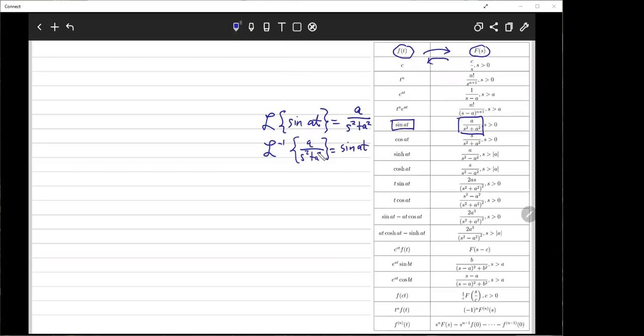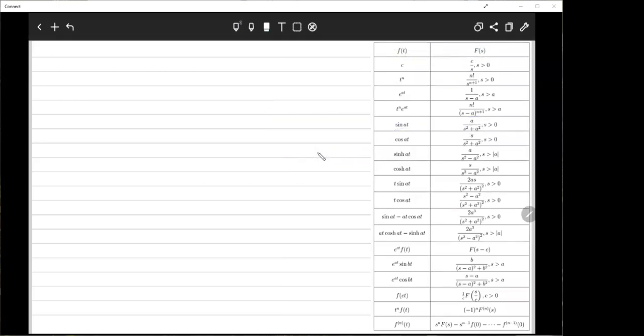Okay. So, how do we use the Laplace transform for solving initial value problems? So, I'm going to give a simple example first just to illustrate the procedure, and then we'll work on more complicated examples later.